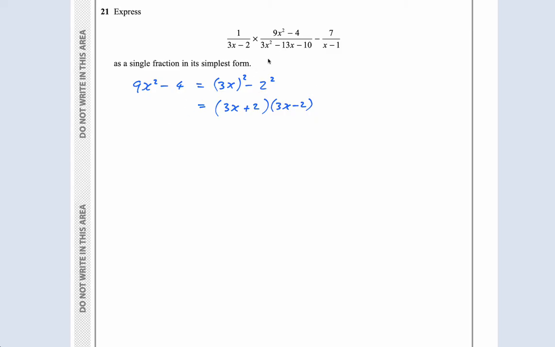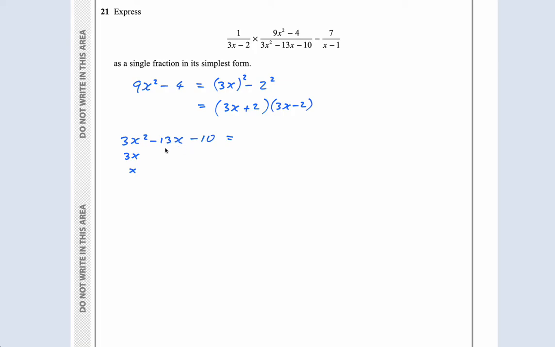The next one I'm going to look at is this numerator, 3x squared minus 13x minus 10. I need to factorize it. The factors of 3x squared are 3x and x. The factors of 10 are 10 and 1 or 5 and 2.